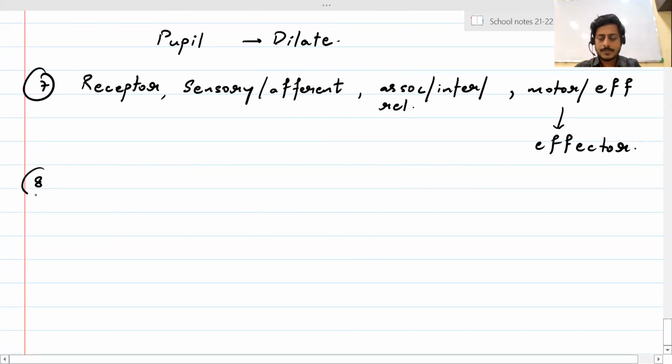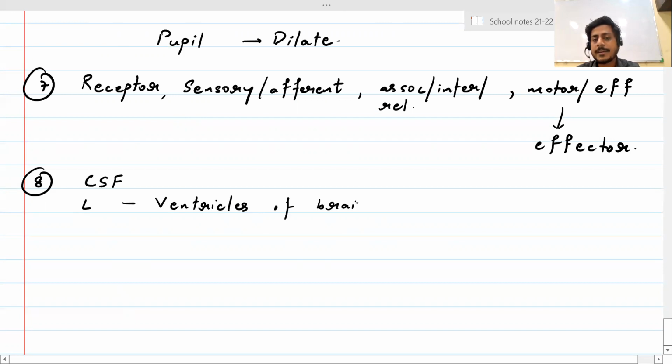The eighth question we did was function and location of CSF. Cerebrospinal fluid. There could be multiple locations. You could write ventricles of the brain as one location. Apart from ventricles of the brain, you could write central canal of the spinal cord as the other location.